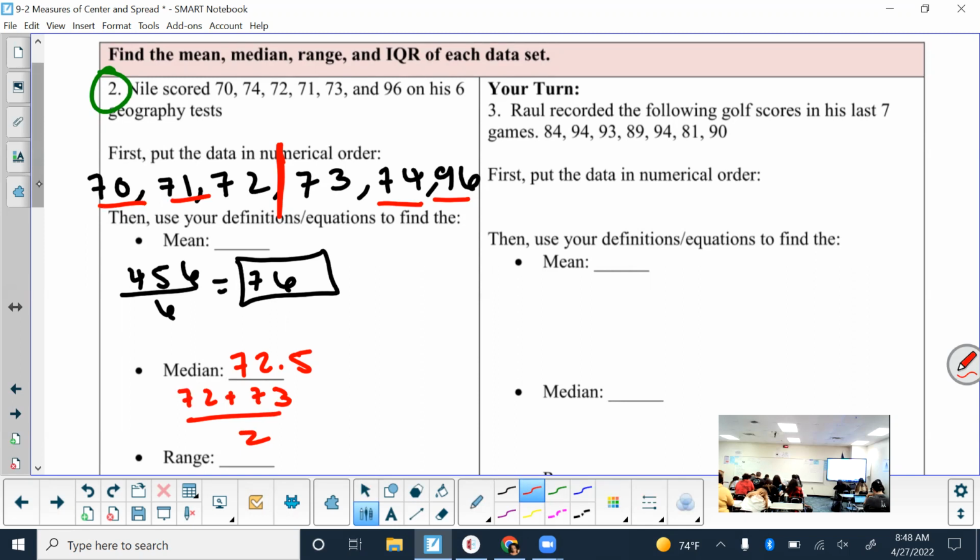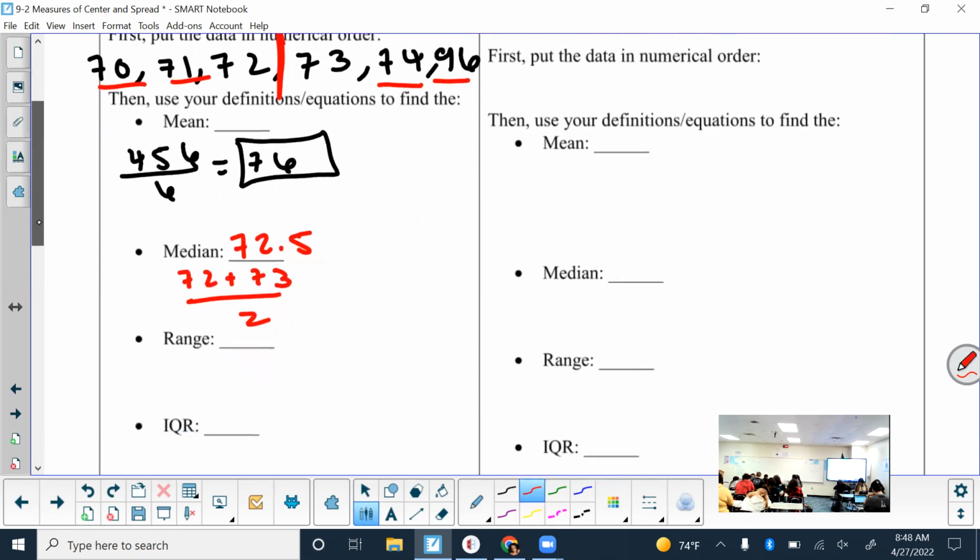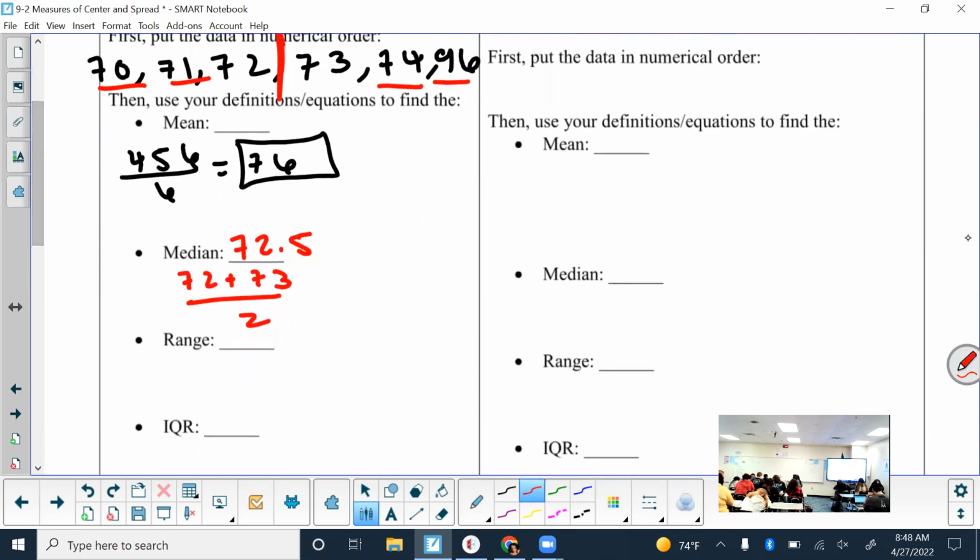All right, the range. What's my formula for range? So my maximum number is, my minimum is, what's the difference? 26 for the range.